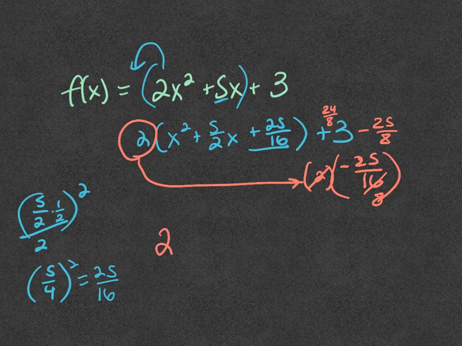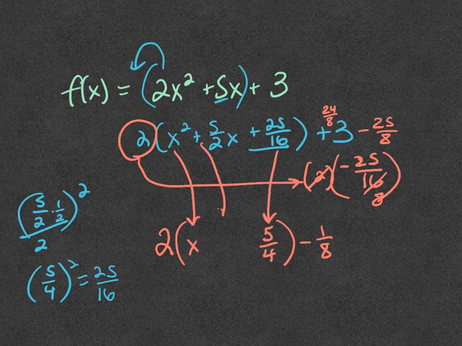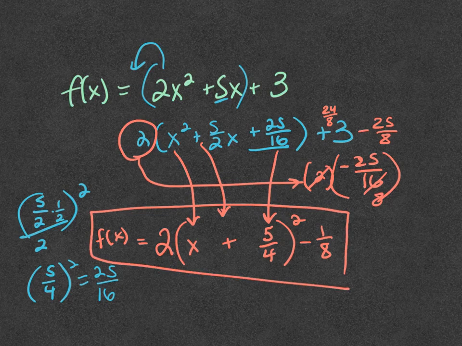And I end up with 2, I'll come back to this, minus 1/8. Then I square root the first term, square root the last term, take the sign from the middle term, put it in the parentheses and square it. And that would be my standard form. They're going to get ugly, folks. You've got to be okay with it.